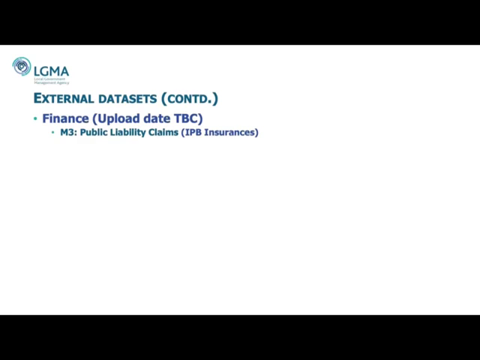This is a new performance indicator introduced this year, and the data is provided by IPB Insurances. As with the other indicators, the upload date onto LGReturns is yet to be confirmed, but usually all of the external data sets are on the LGReturn system before the middle of the year.